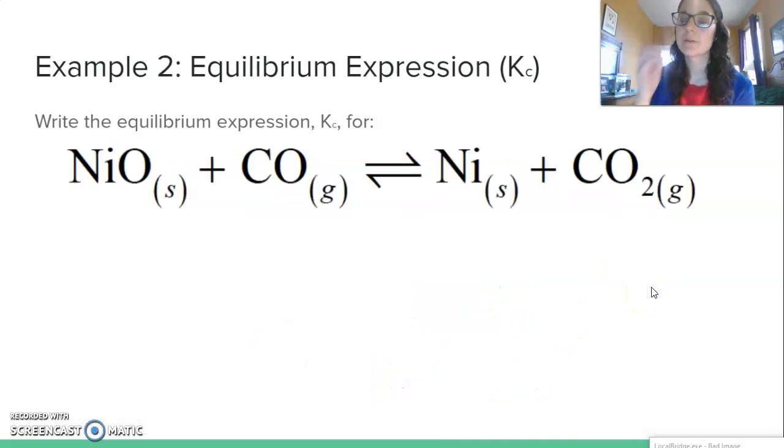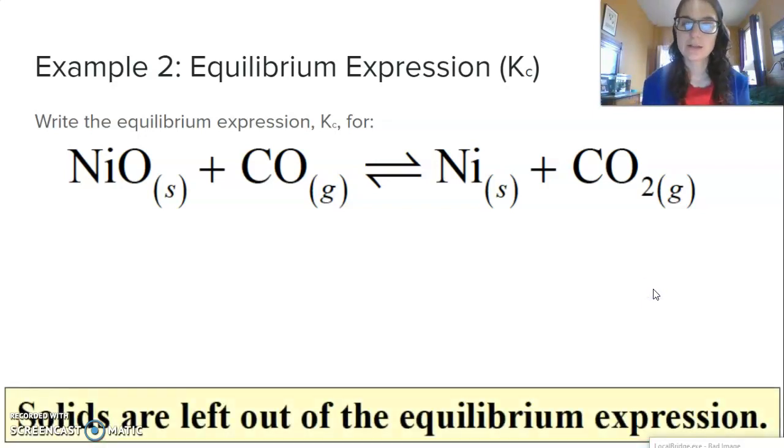Okay. For this second example, it is going to be a little bit different because solids are always left out of the equilibrium expression, and we will get into why in a moment. So here in my equilibrium expression, I am not including nickel oxide or nickel solid because they are in the solid state.